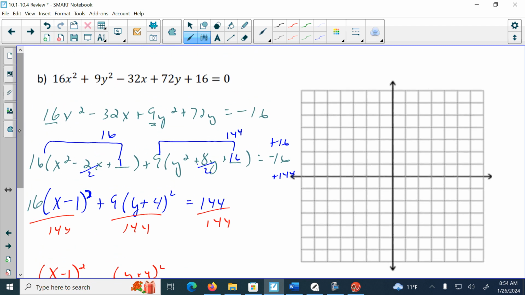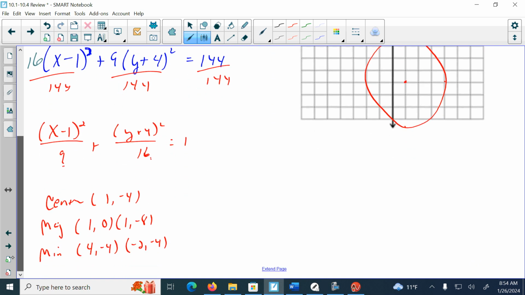So I'm going to plot those all right now. 1, 4. This is going to go something like that.